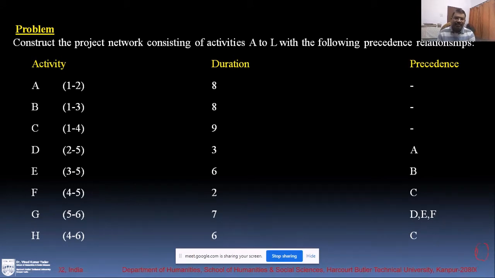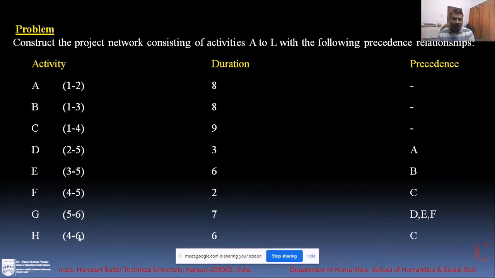I am not saying that you make exactly centimeter per minute, but so that the network becomes most probably proportional, because the network is depicted in your mind, so you can very easily understand that yes, F activity is a very short activity. So by just the network you can understand. And this 6, now look at this, H activity follows C, and C's end node is 4, so 4 to 6.